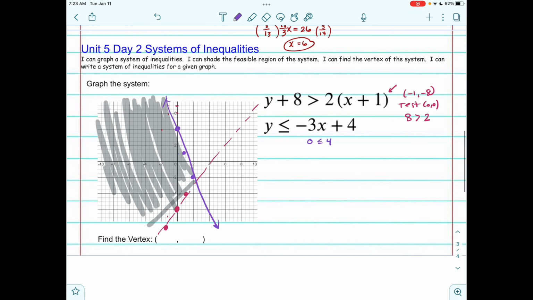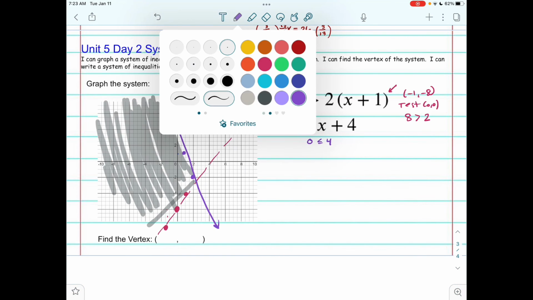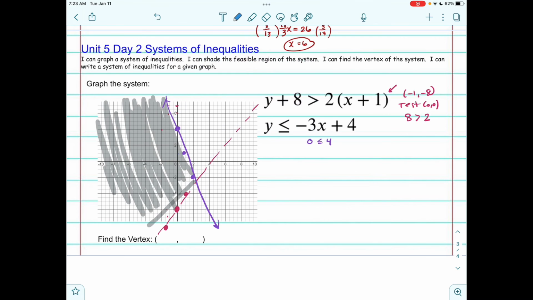To find my vertex, I'm going to use substitution. So I'm going to plug it in and say, I'm going to plug this y in right here. -3x plus 4 plus 8 equals, remember I use an equals when I do this.